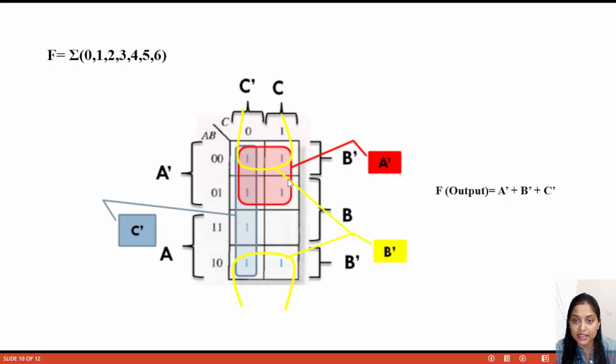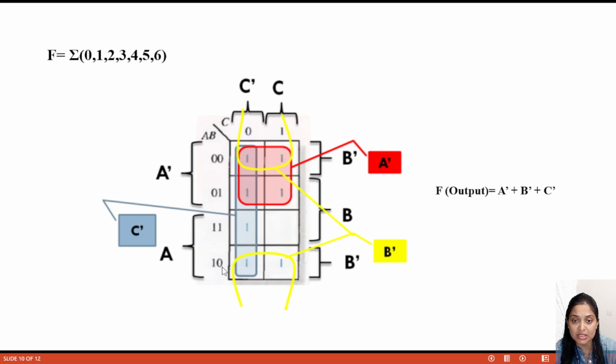Next, the yellow group, what result will come here? It shares 2 columns and also 2 rows. From these 2 columns there is also C and C bar, so we can cancel out each other. And from these 2 rows, A we can cancel out because A is in the form of 0 and 1 and B is only 0.